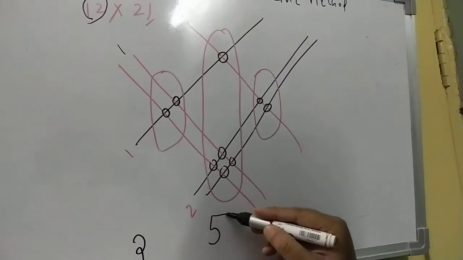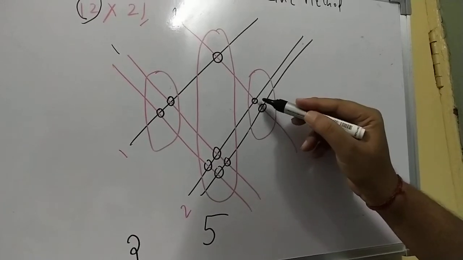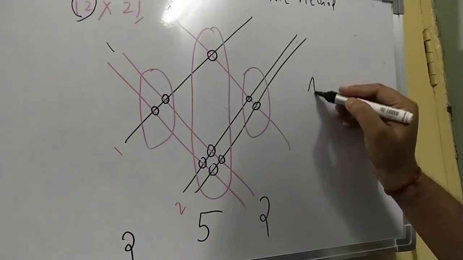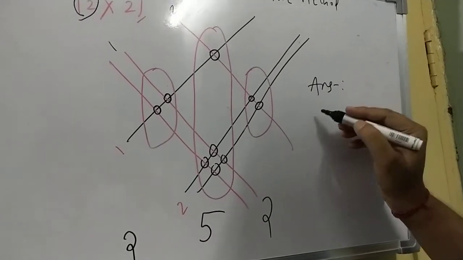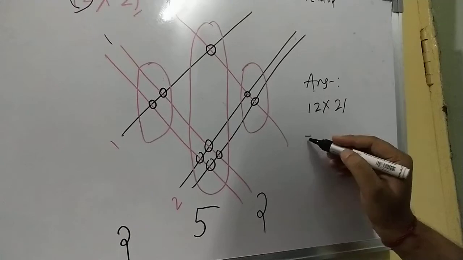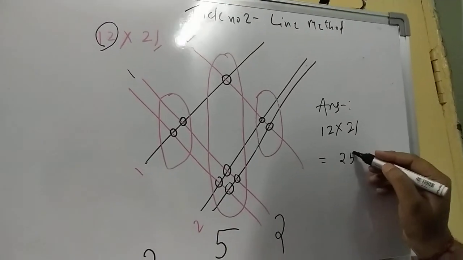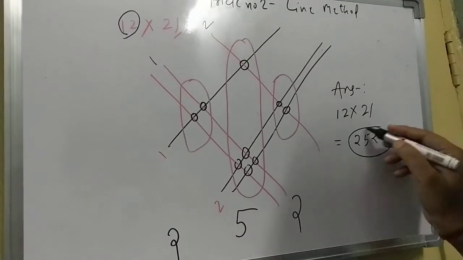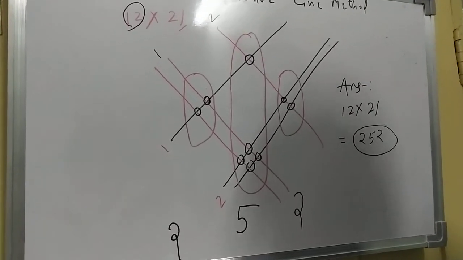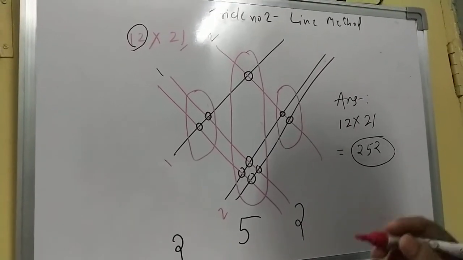So you have to write 5 here, and last this is 2, again 2. So what is your answer? Your answer is that if you multiply 12 into 21, your answer is 252.